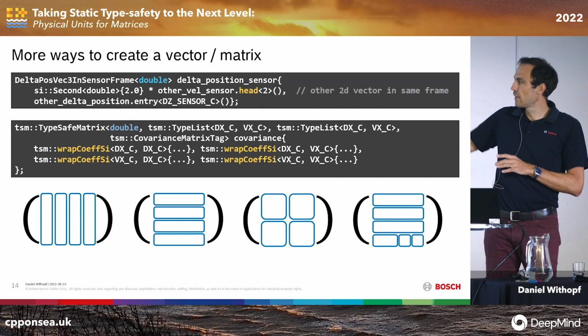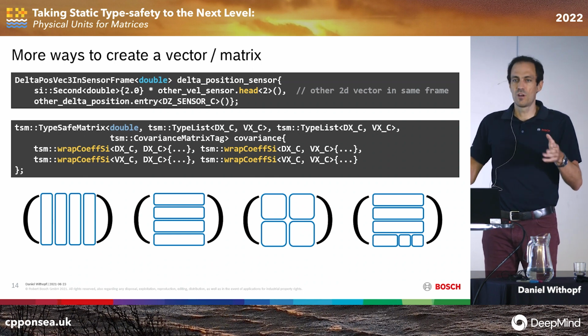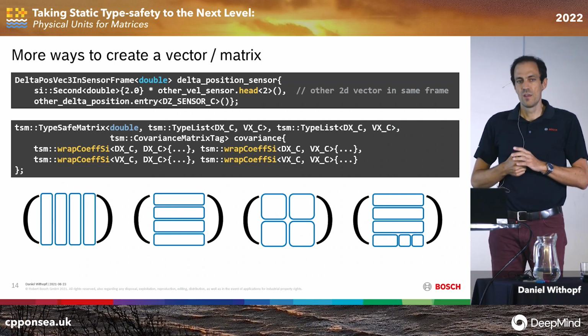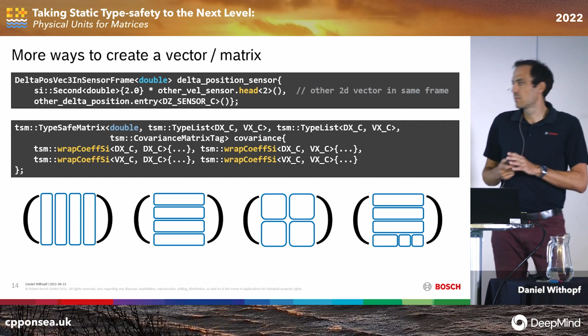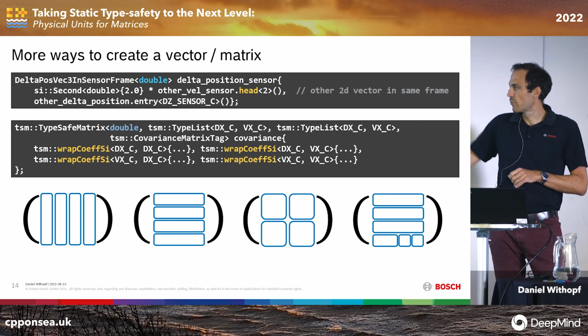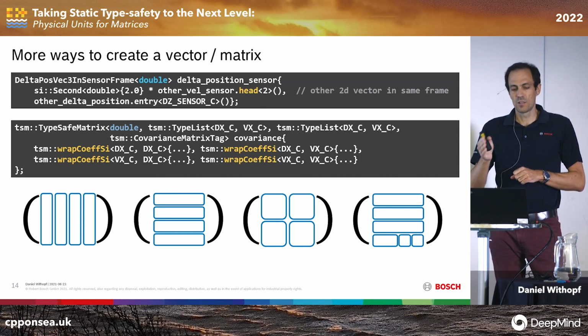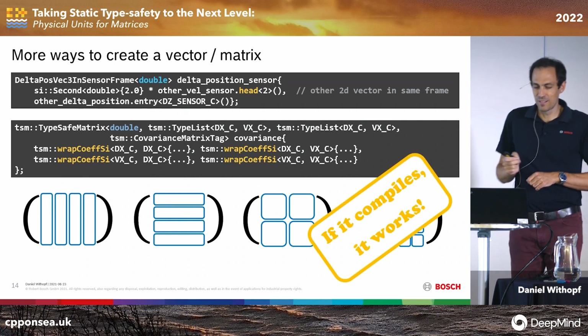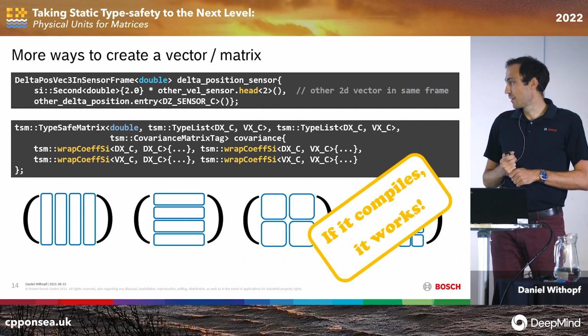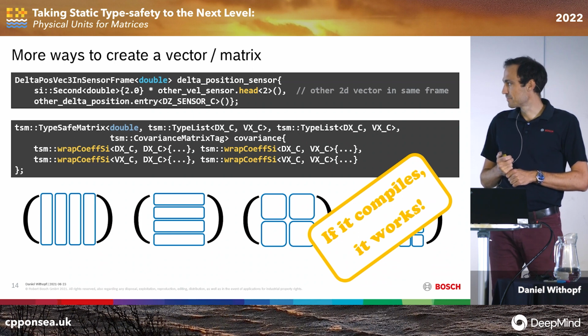So if you call head and then call, for example, the norm on that resulting vector, this is something that might depend on the order of indices, but that would be a simple fix to also require the user to manually list the indices here, and then it's completely type safe all the way through. So I think that's a nice example of my sentence from the beginning. If it compiles, it works. So you get a lot of static assertions if you do something wrong.